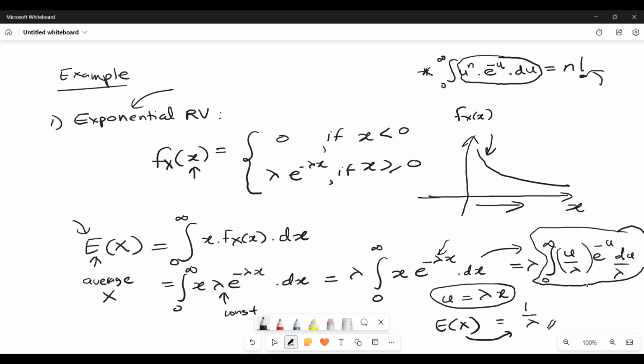Once we are given a certain random variable, and we want to find its expectation value, or another moment of the random variable, we need to use this kind of method where we integrate the PDF function with respect to that variable. That is the idea behind this exercise. So you need to know how to find the expectation of a certain random variable, right? That, I think, is the takeaway.